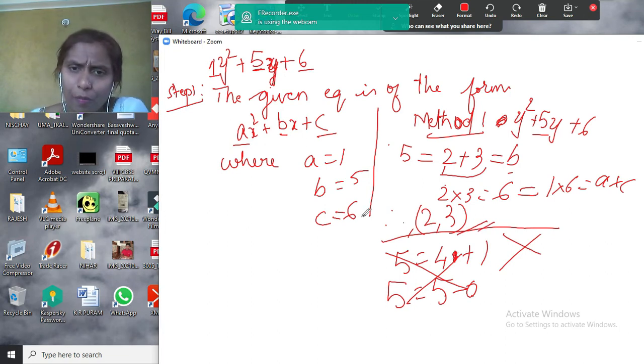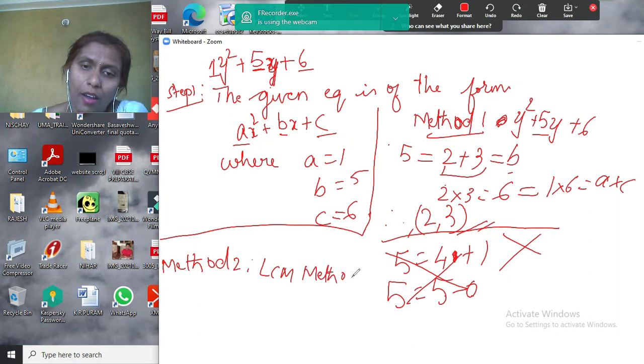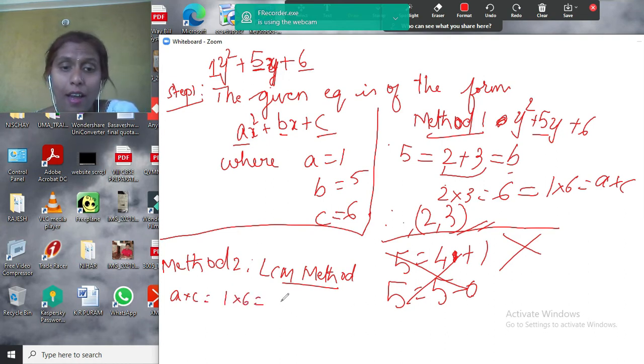Now, for the same pair, how can I obtain it by the LCM method? For which one should I take the LCM? A into C. What is my A? 1, into C, 6. Now we are going to take the LCM for 6. Let me start from the first prime number, 2. 2 threes are 6.